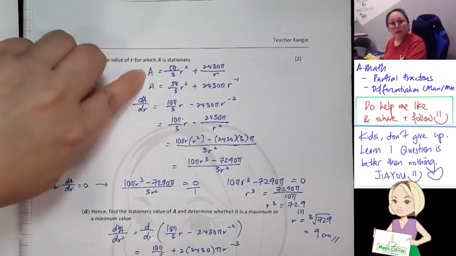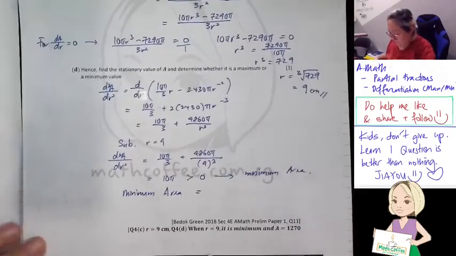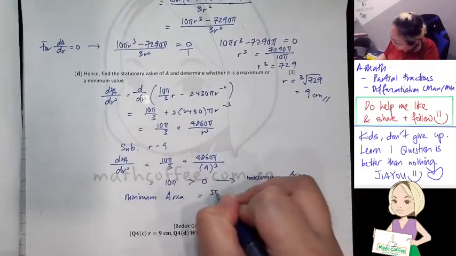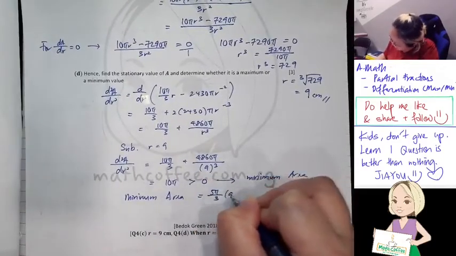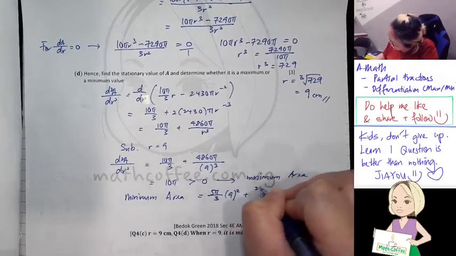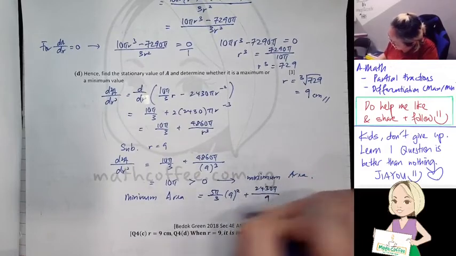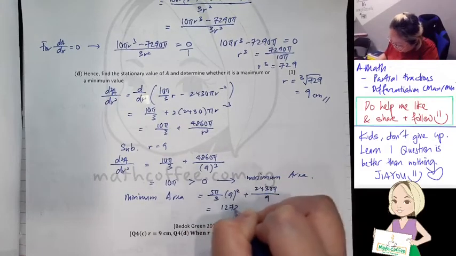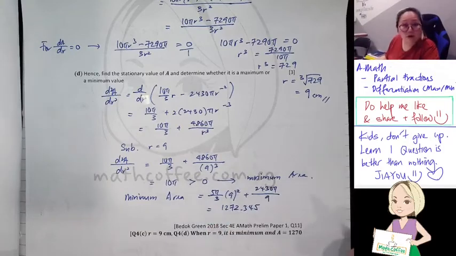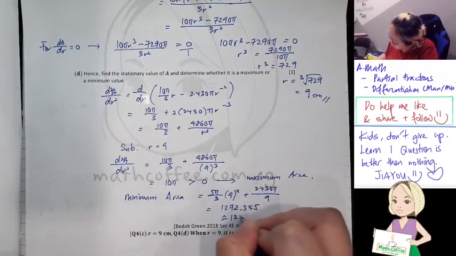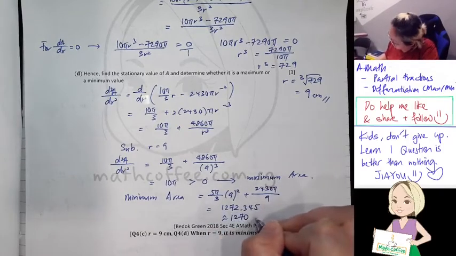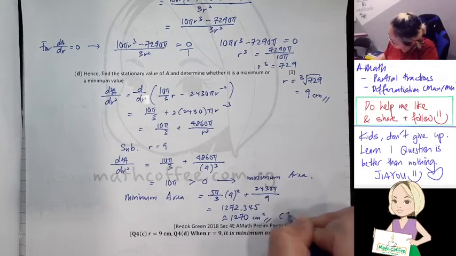So sub into A, and we will get 5 pi over 3 times 9 squared plus 2430 pi over 9. And we will get 1272.345, round off to 3 SF, 1270 cm squared. Done. 3 SF.